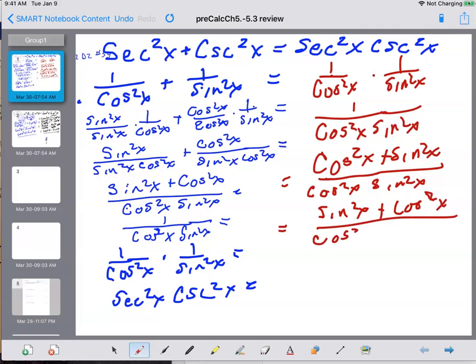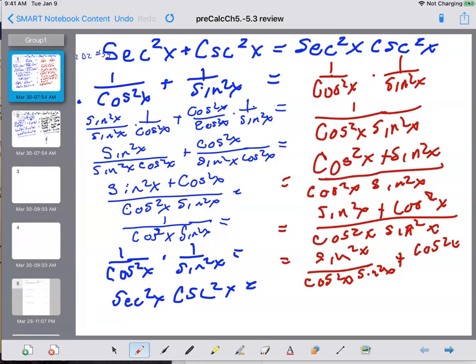Then at my split, you'll see, and you probably already do, I have sine squared x over cosine squared x sine squared x plus cosine squared x over cosine squared x sine squared x.